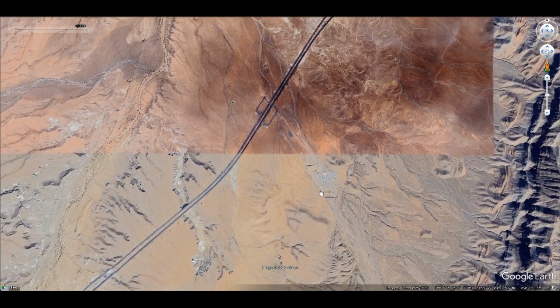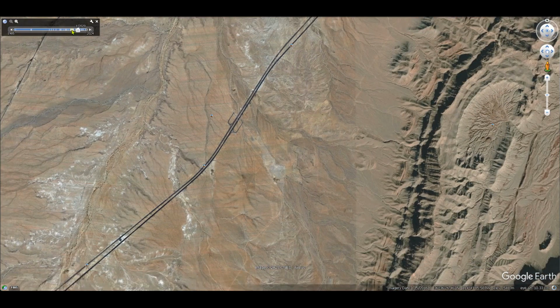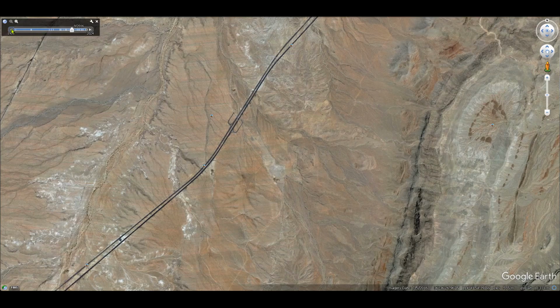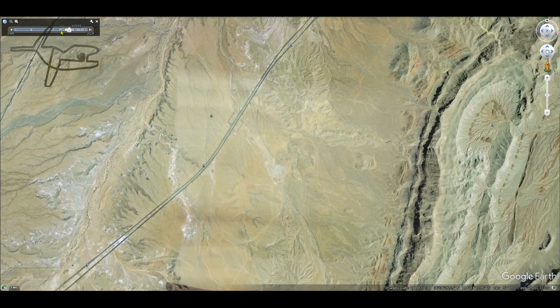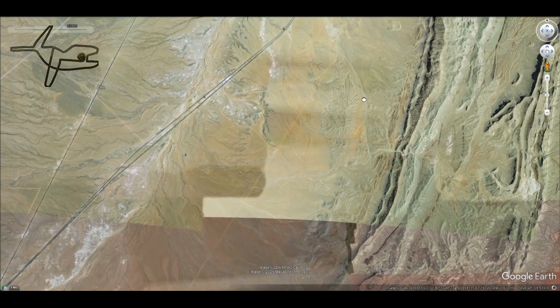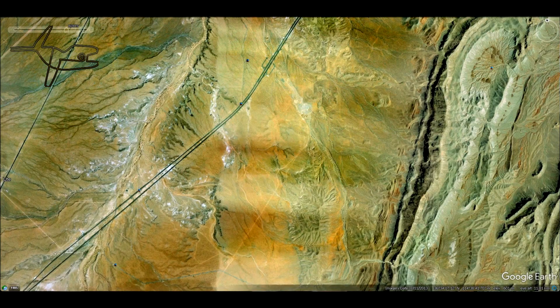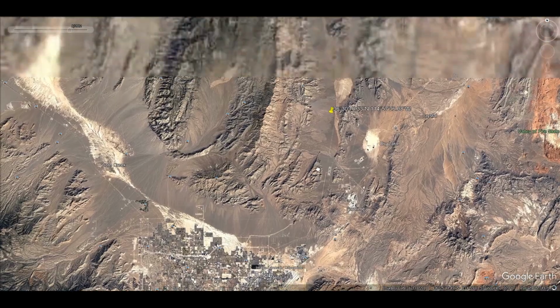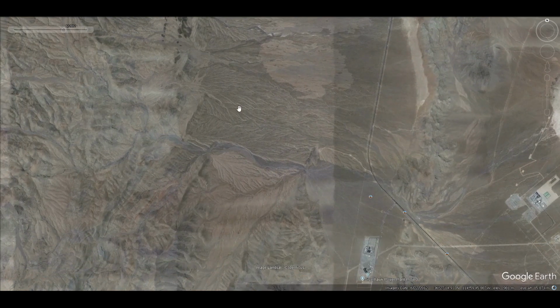Let's try to go back in time. Do you see them? I'll try to highlight the image. And this is located north of Las Vegas.